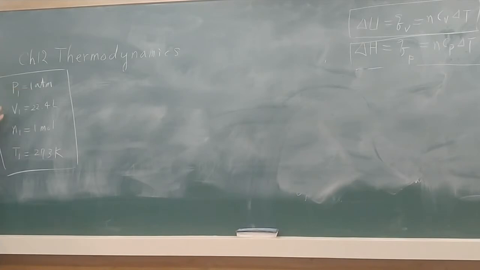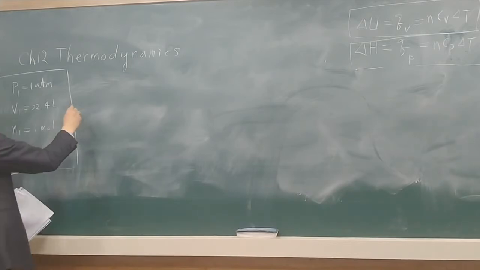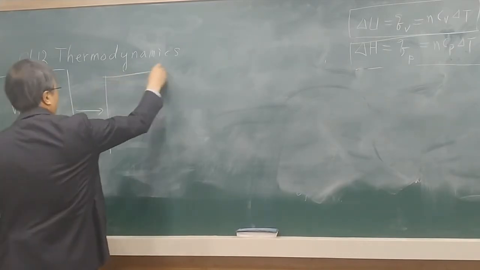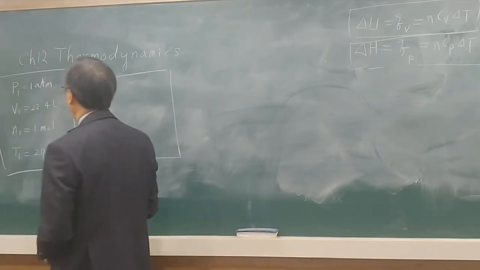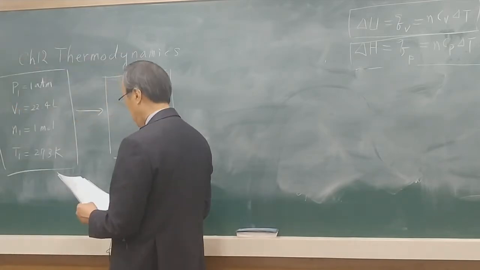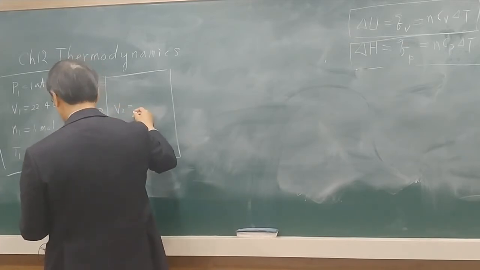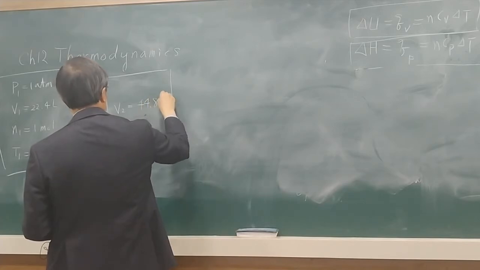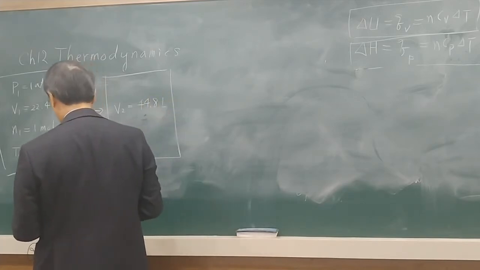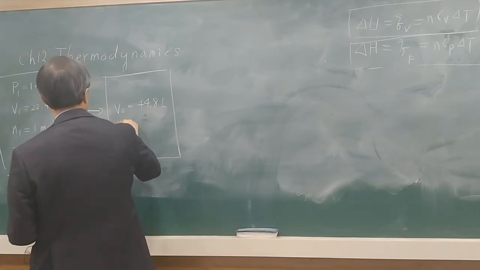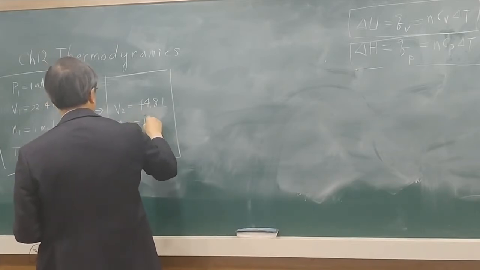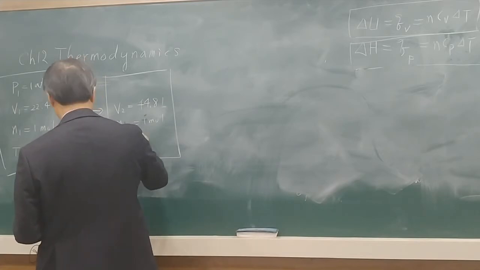Equivalent with 1 atmosphere at temperature 273 K. Suppose some sufficient heat is supplied, then this state change. The volume is doubled. So volume V2 equal 44.8 liters, and temperature also doubled.